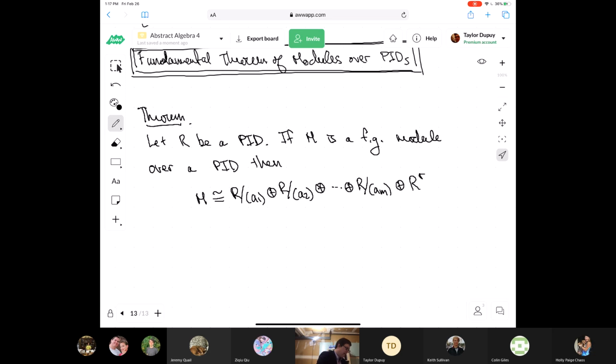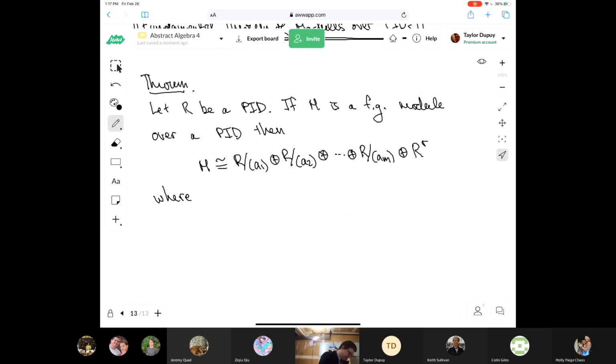Okay, where these elements, these Ai, satisfy that A1 divides A2 divides A3, and so on, all the way up to Am. Okay, so some terminology.